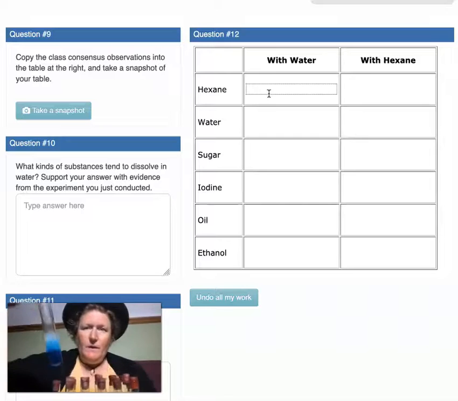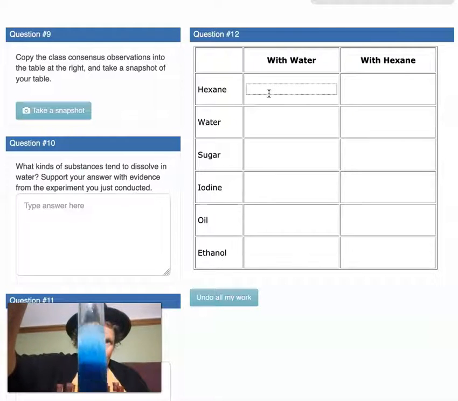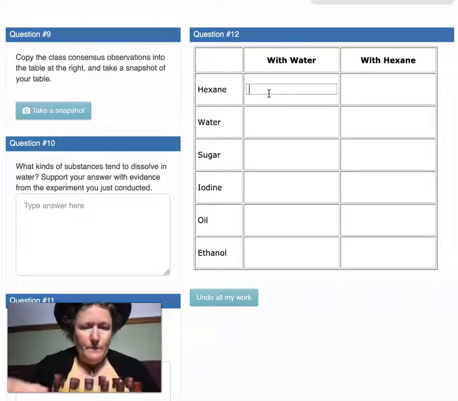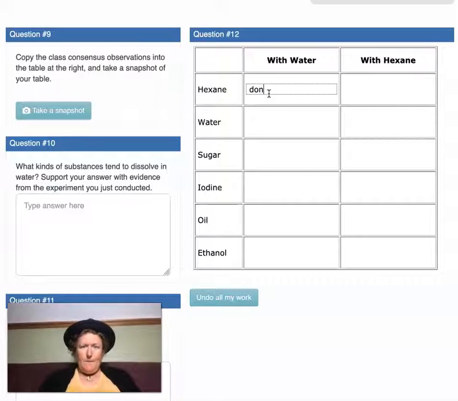But this is hexane with water again, and it's forming two distinct layers. And there's a little bit of clear layer at the top. So I would say that hexane and water, they don't mix. One's polar, one's not polar.